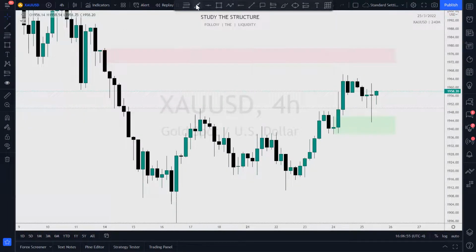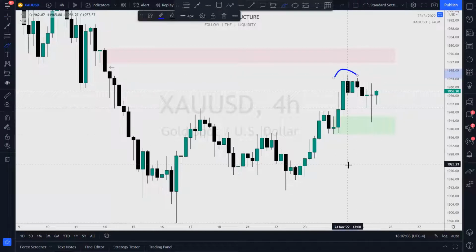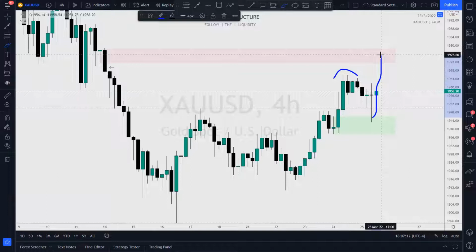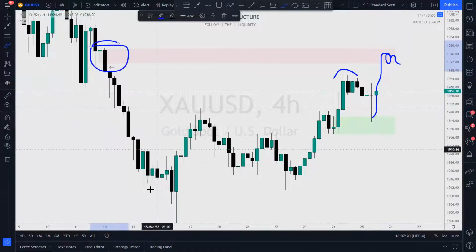Because there is an imbalance leading up into it. So it's an imbalance zone of supply, and there is liquidity generated for it to collect on the way up. This would lead me to believe that the mission is to mitigate this zone.